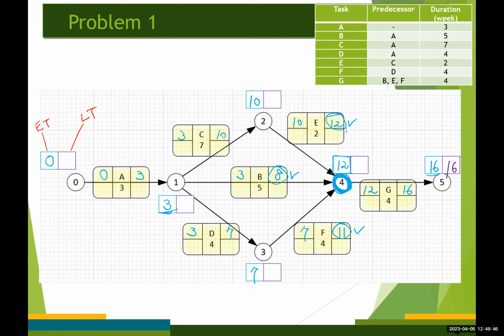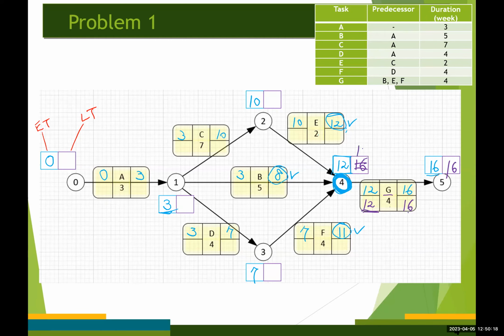And then we're gonna work backward right now, right? So the latest finish time for activity G is going to be 16 automatically. Oh, I'm so sorry. I didn't compute the latest start time for activity G. That's going to be 16 minus 4, which is 12.